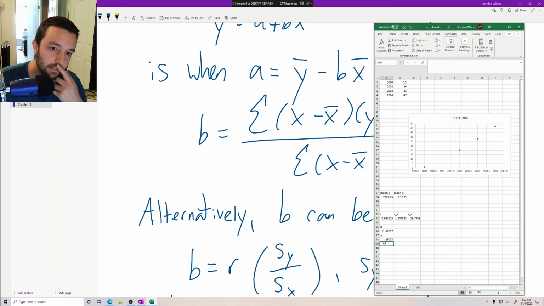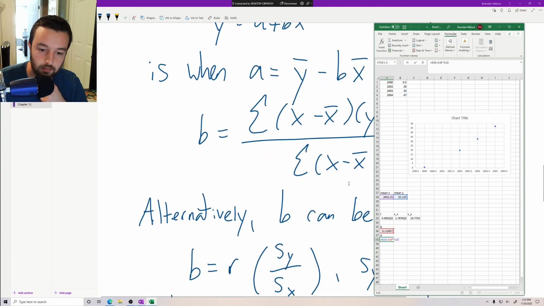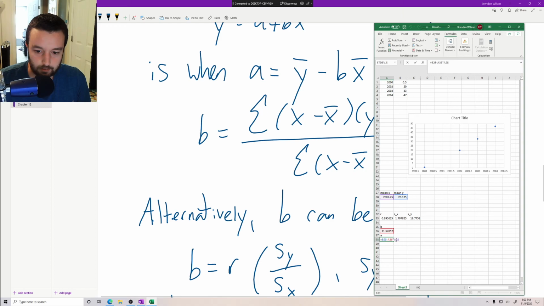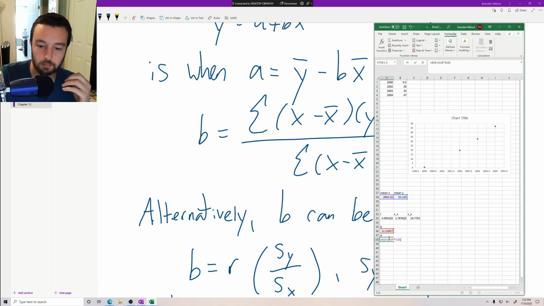Does that make sense? I don't think it does. So something must be wrong here. Mean. B makes sense. I think that one's fine. Let me think here. I think this should have calculated it correctly, but let me make sure and put this in parentheses.